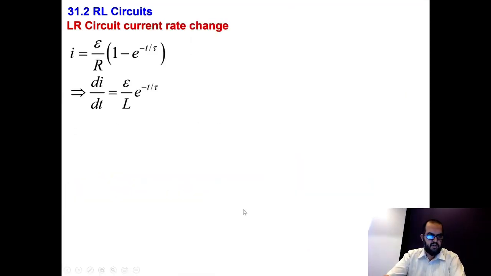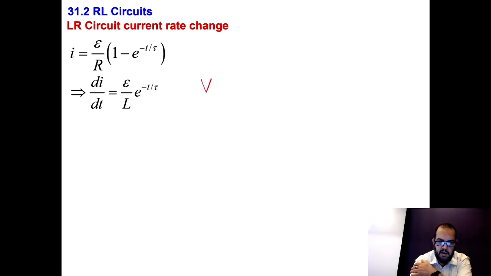If we take the derivative of the current, we get E over L exponential of minus t over tau. If you multiply it by L, you get the potential of the inductor, and remember, this is L di/dt. So we get E exponential of minus t over tau.